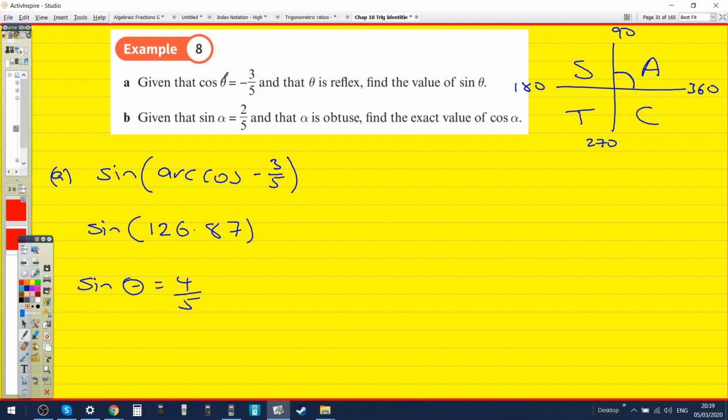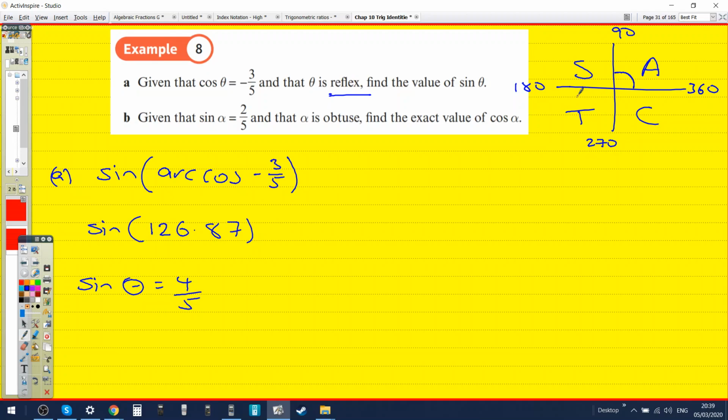They told us that cos is negative 3 over 5. And it's reflex. So if it's a reflex angle, what quadrant or quadrants could it be in? It could be in the S or the T quadrant. And since it's greater than 180, the T one. Well, reflex means greater than 180.